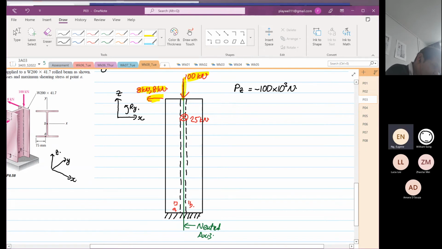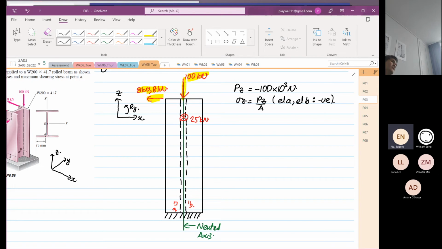PZ is going to induce a stress in the Z direction, so stress Z is equal to PZ divided by A. Now is where the analysis starts, and you know that element A and element B are both going to be negative. It's in compression. Write this out. Don't break down all the forces already, or later on you get confused.